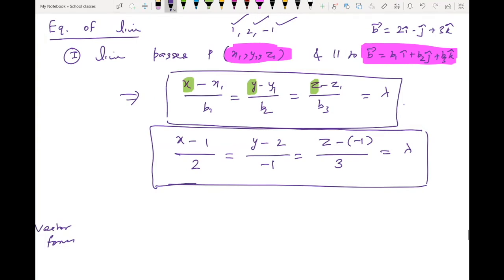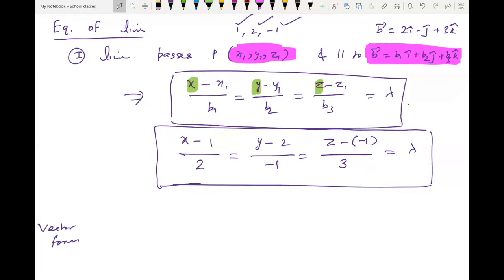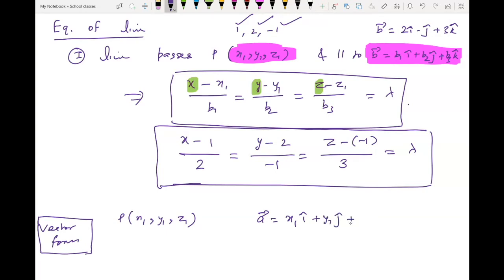Similarly, sometimes we need to write the vector form of the line. For the point given here, (x1, y1, z1), we must first write the position vector of this point, which is x1 i cap plus y1 j cap plus z1 k cap. In the last class I told you the formula, r vector equals a vector plus lambda b vector, and even how it came.